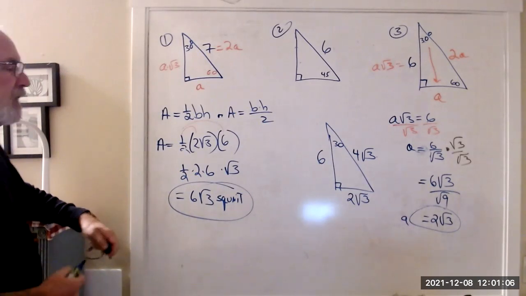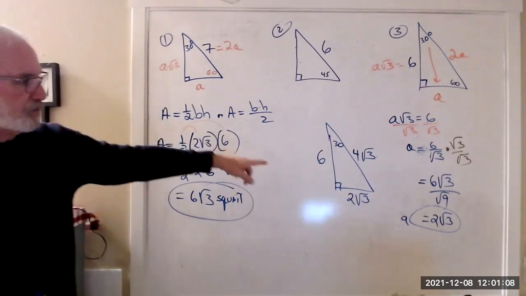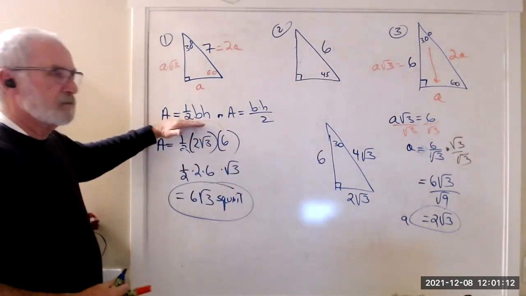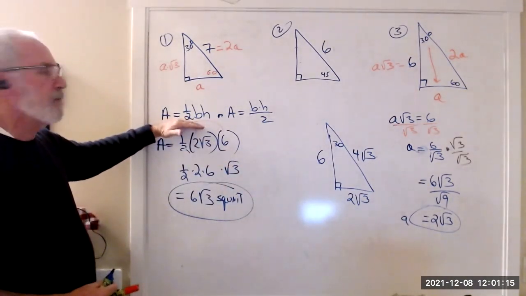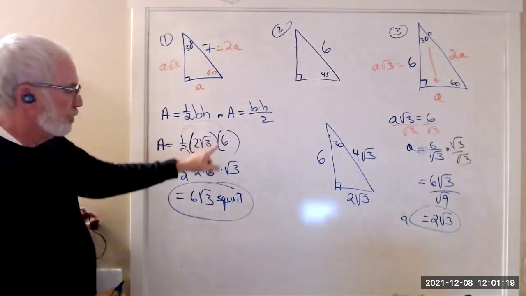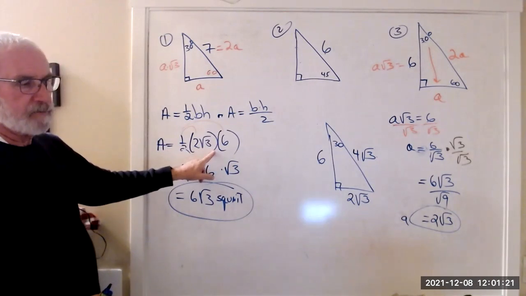So that's the area of this particular triangle: 1/2 times base times height, that formula from the beginning of the semester, and then multiplying together correctly.